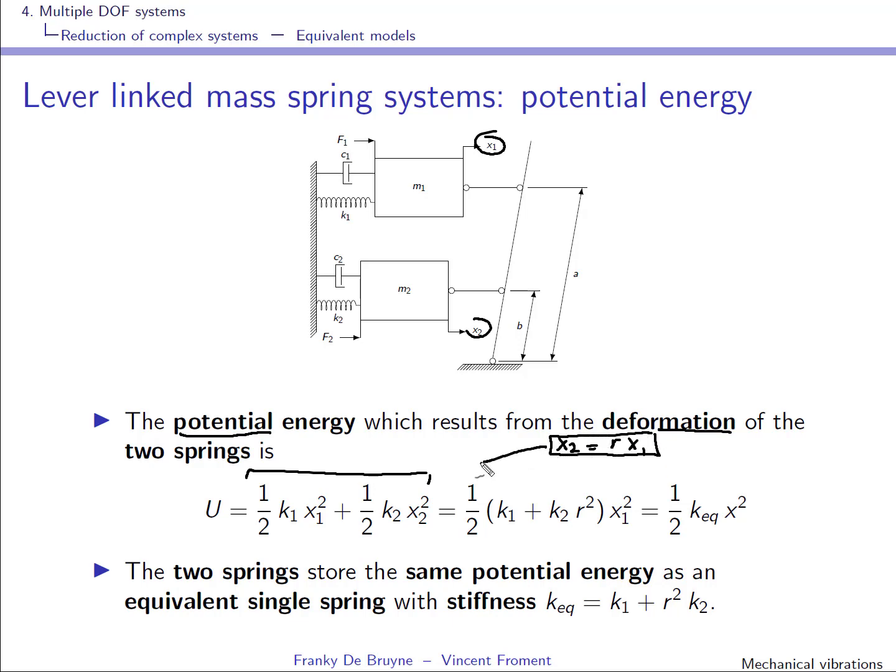We plug that over here and we arrive at this equation. So we can use an equivalent stiffness. The two springs store the same potential energy as an equivalent single spring with stiffness computed by this formula over here.